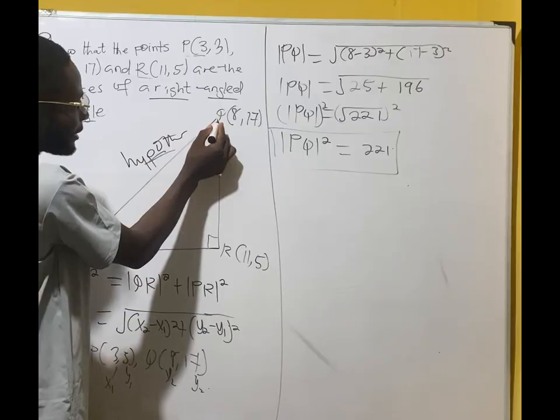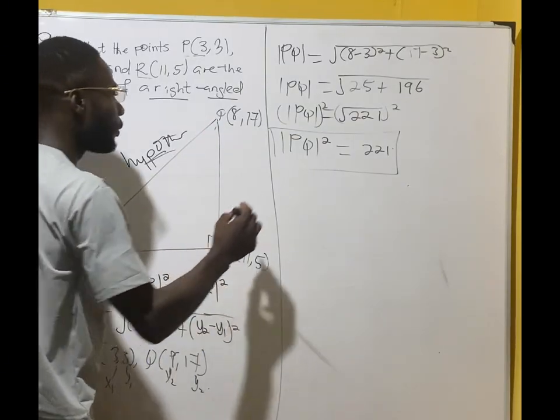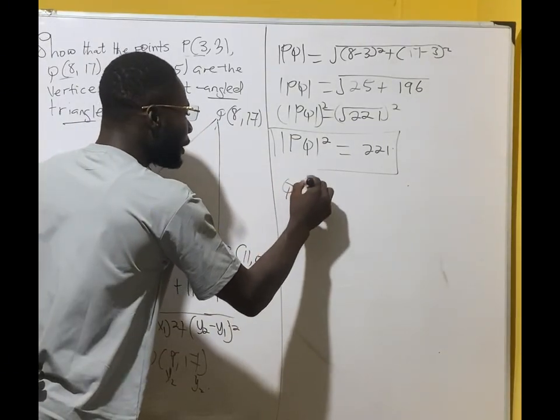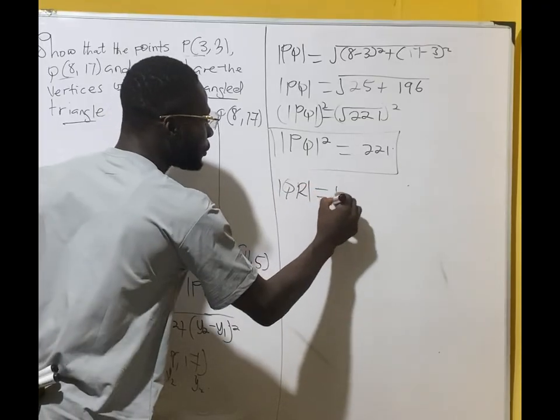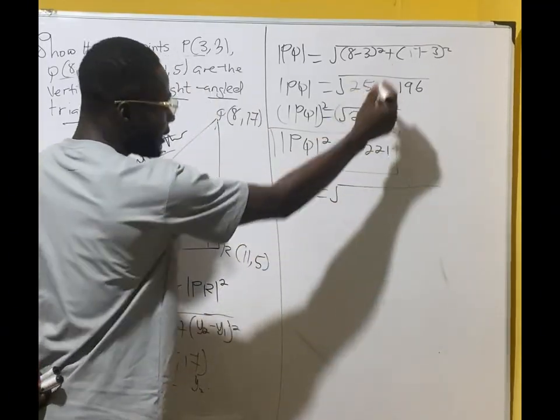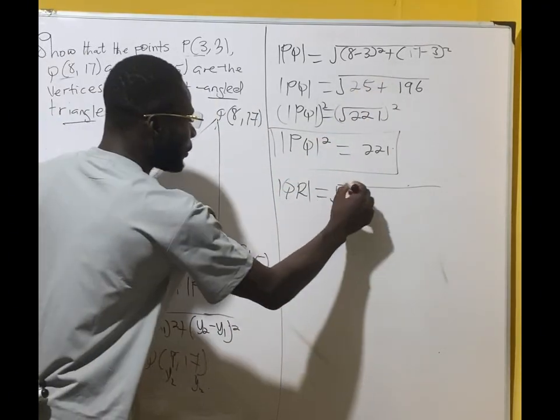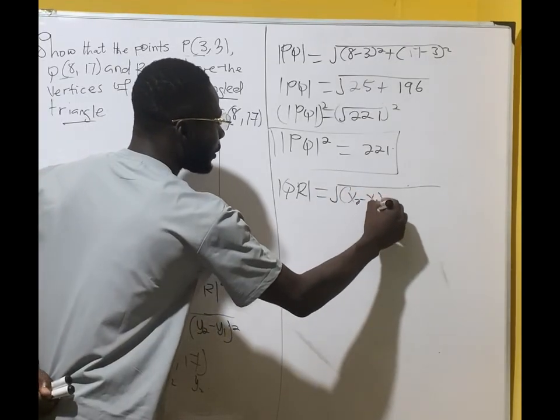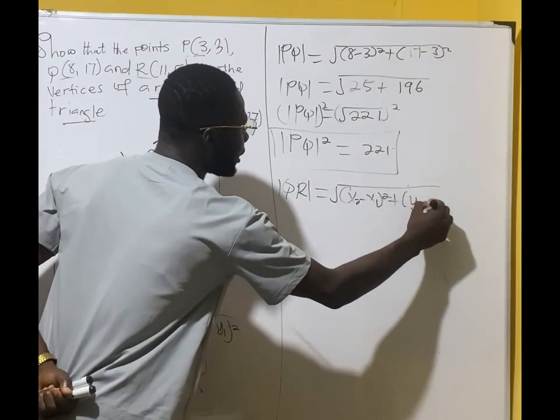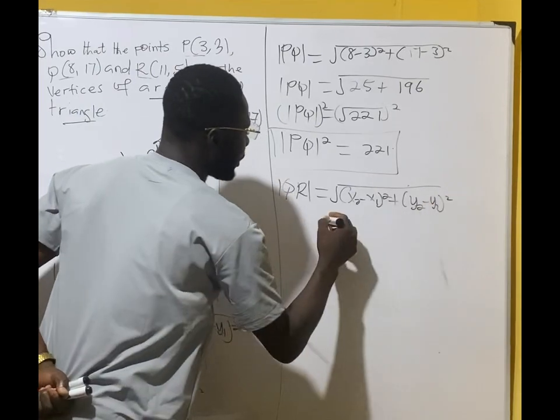Now let's find the distance along QR. It is the square root of the same formula: (x2 minus x1) all squared plus (y2 minus y1) all squared.